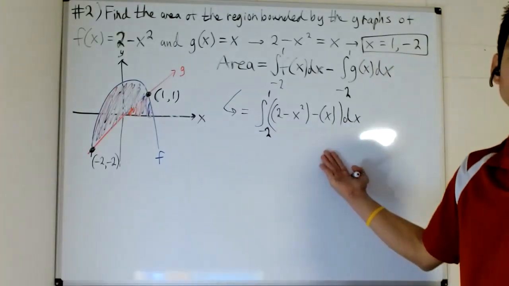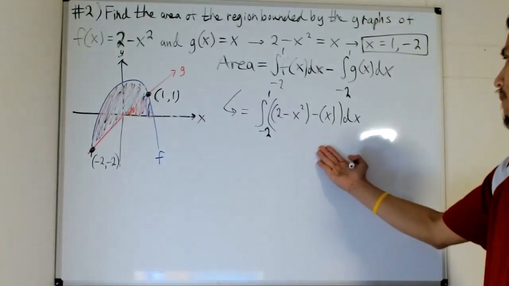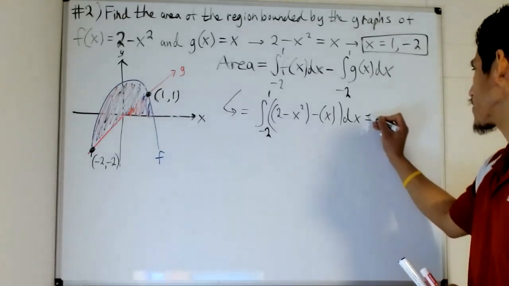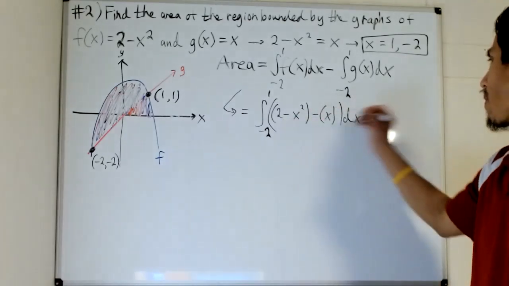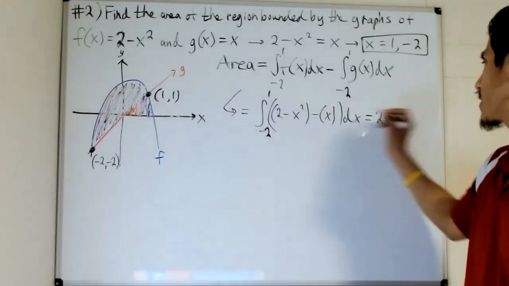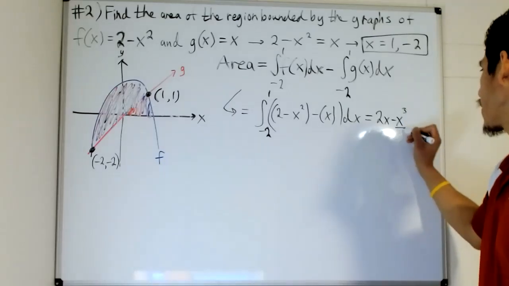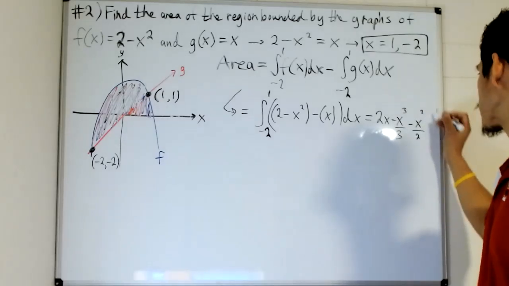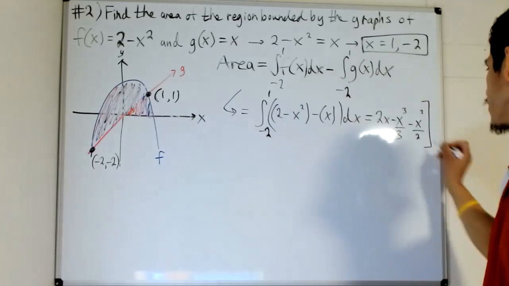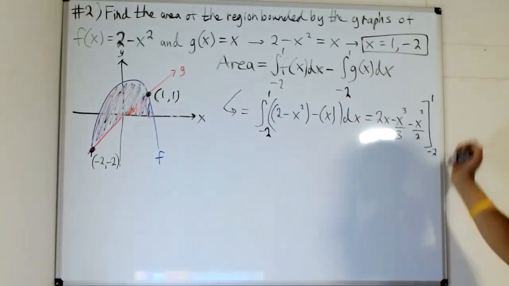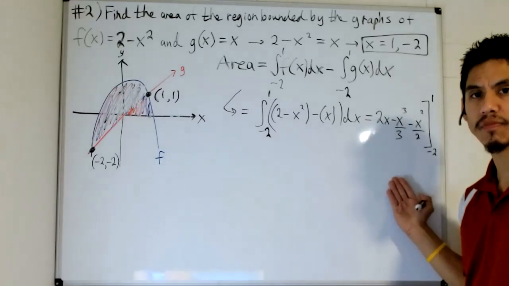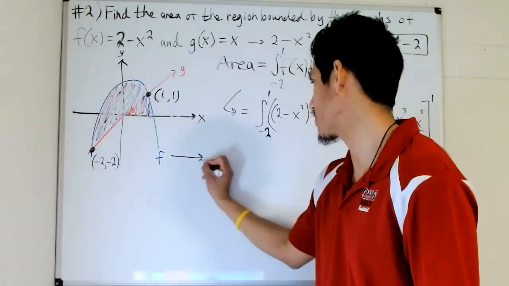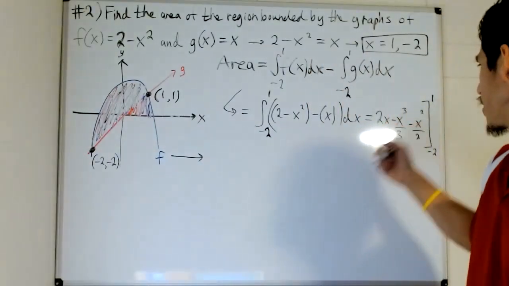So you simply are just going to evaluate this integral. We can go ahead and do that. This would be the antiderivative: of 2 you get 2x, minus x cubed over 3, minus x squared over 2, from -2 to 1. We just make sure we don't mess up with our algebra. It all comes down to that. Plug in 1.